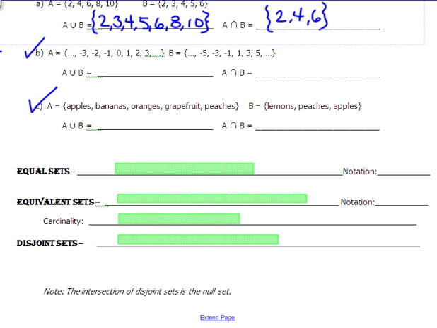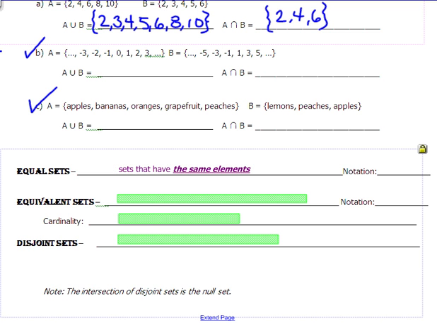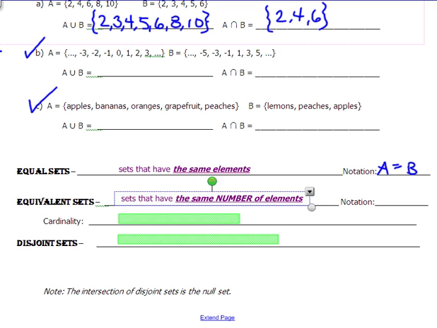Equal sets have exactly the same elements. And that's going to be what you would think it would be, which is set A equals set B. Equivalent sets are sets that have the same number of elements.